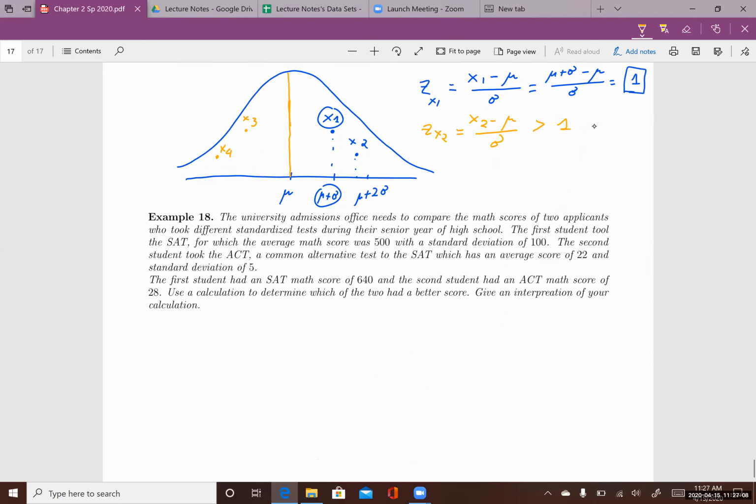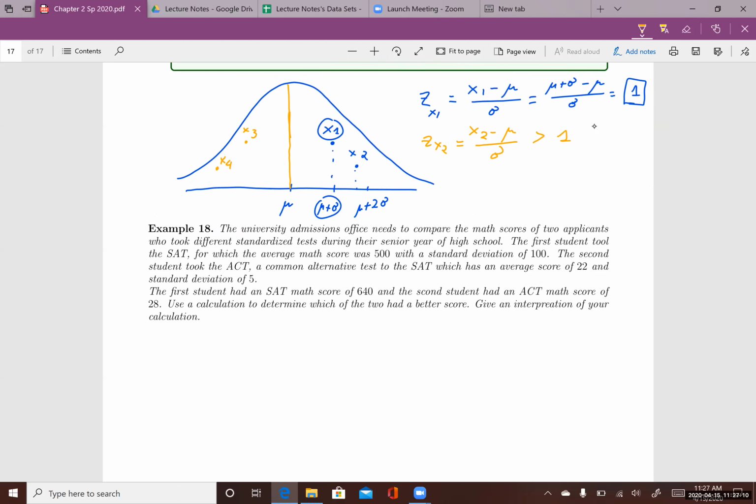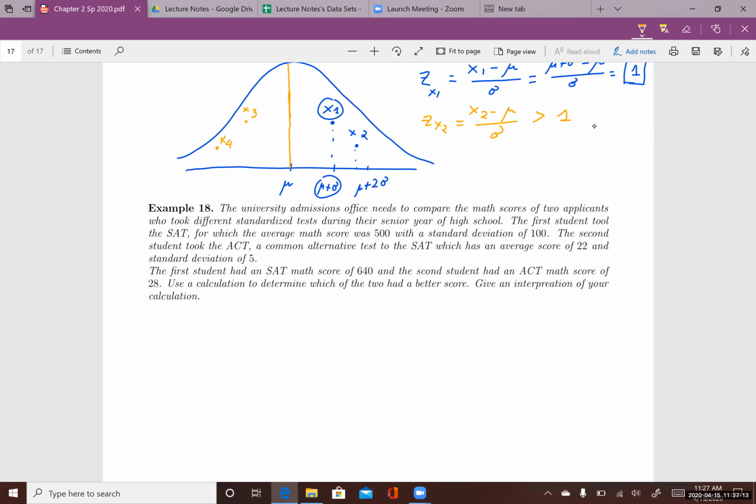Now let's look at an example here, example number 18. A university admissions office needs to compare the math scores of 2 applicants who took different standardized tests during the senior year of high school. The first student took the SAT test, for which the average math score was 500 and the standard deviation was 100.